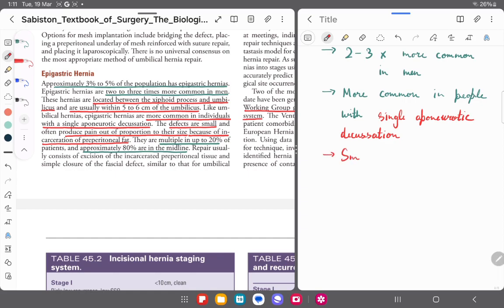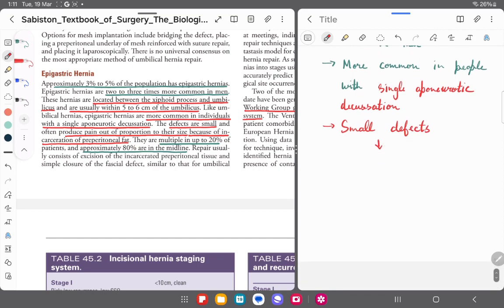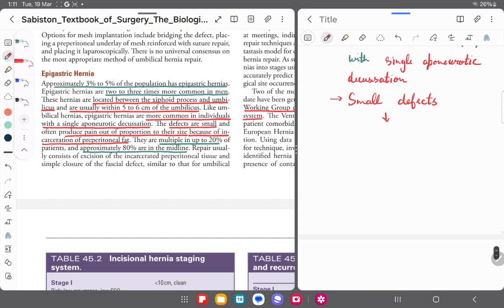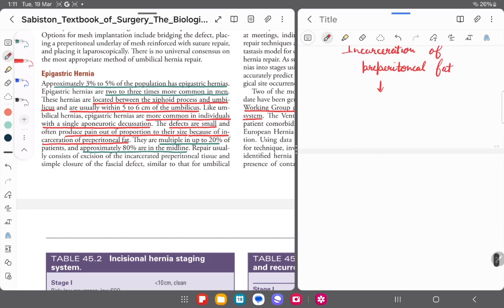So small defects cause incarceration of pre-peritoneal fat, which leads to pain out of proportion to size.